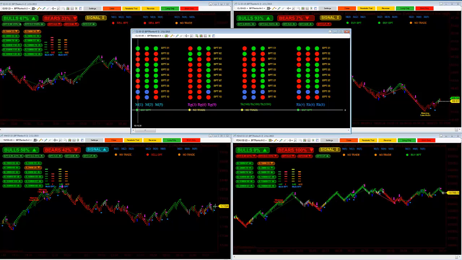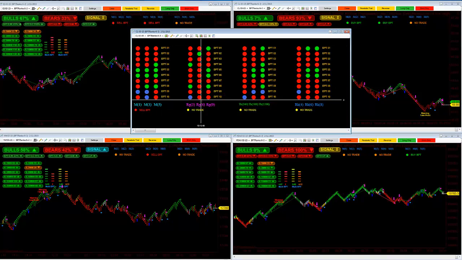Those signals are very stable signals, will not be affected on a pullback, or if there is a fake out in the market. The same signal, you can use it on the range bars and the ticks and the Renko bars.